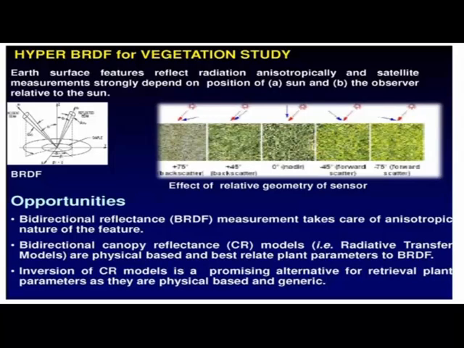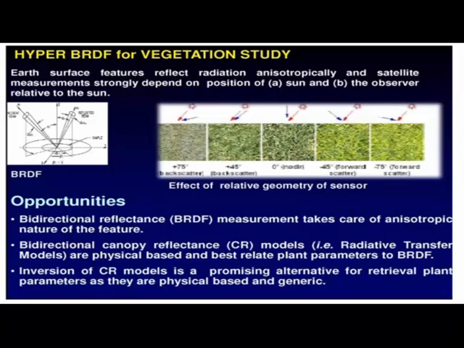So the relative position of the sun and the observer or sensor matters a lot with respect to the parameter you are studying, and how the radiation is affected by the plant parameters. That's the reason why one looks at particular directions with respect to the source. For example, the source is here, the light falls on the target down here, and the sensor is here.